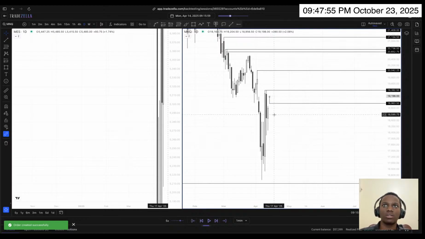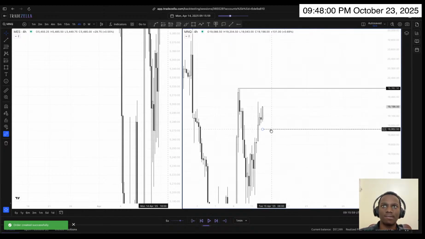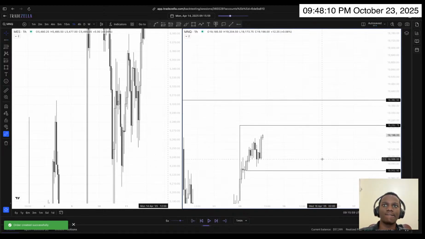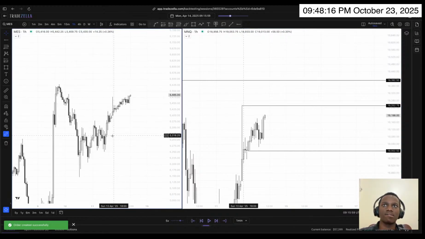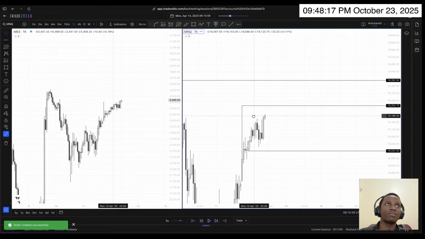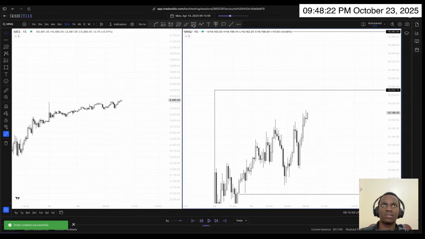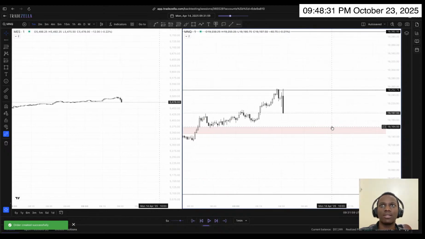Got this low here. So I'd like to see it go higher. But there's some kind of SMT by the way. Then the high gets run right there.